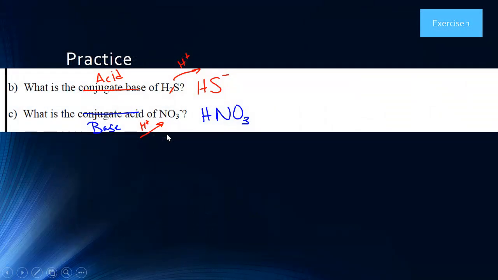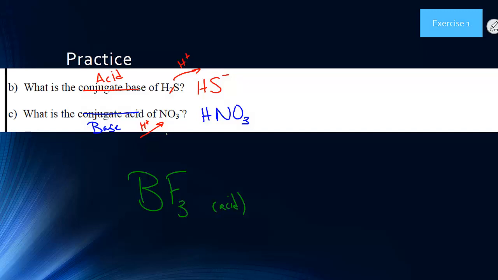Unfortunately, Bronsted-Lowry's definition of an acid or a base does not cover every single acid-base reaction in the world. For example, boron trifluoride is an acid. However, boron trifluoride cannot readily donate a hydrogen. There's none there. So how is boron trifluoride an acid?